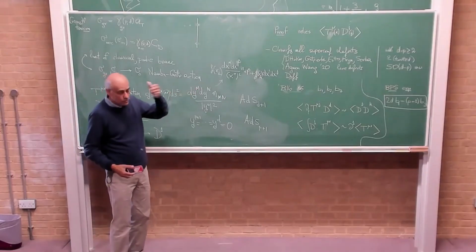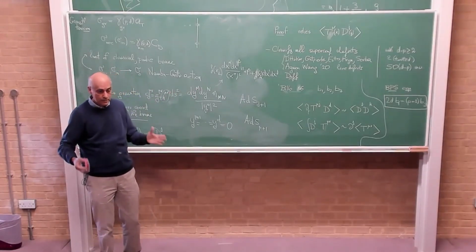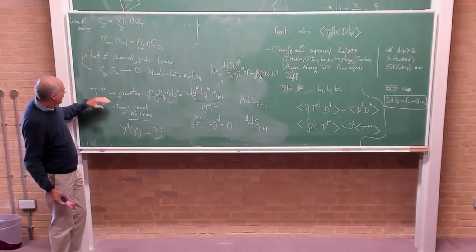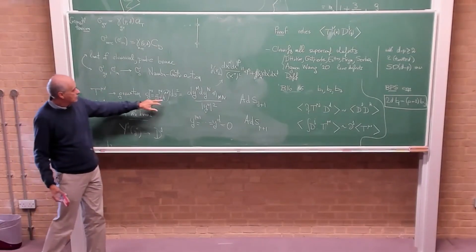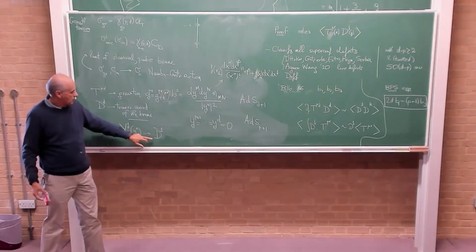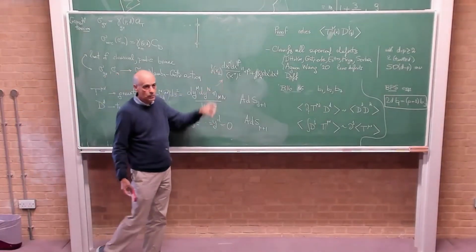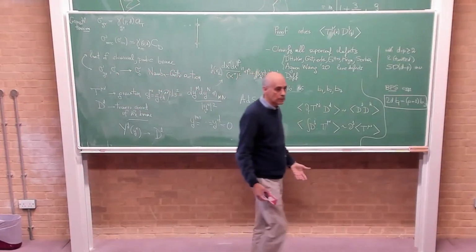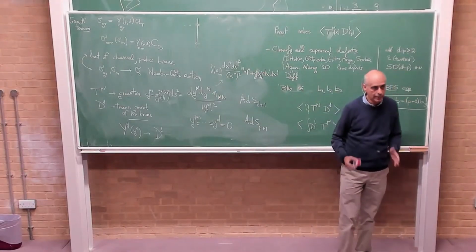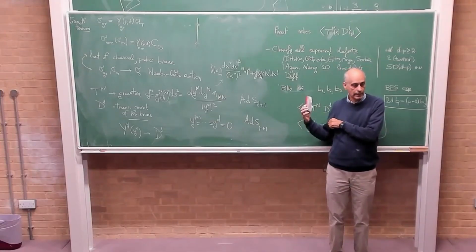Remember, normalizations were everything in this calculation, and the Ward identities depended very much on normalization. And when you calculate one-point functions of the graviton, you want to do it in the Poincaré coordinates. And when you calculate displacement operators, you want to do it in these coordinates. So we found a cheap solution to the order that we worked, and then beyond that, it doesn't work, which is to check the conformal Ward identity explicitly.